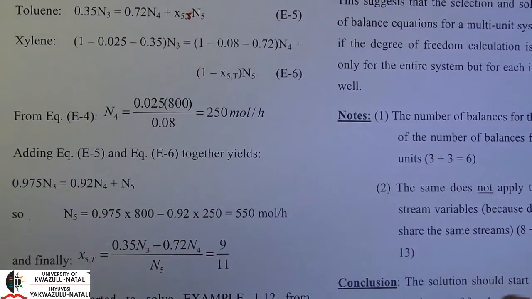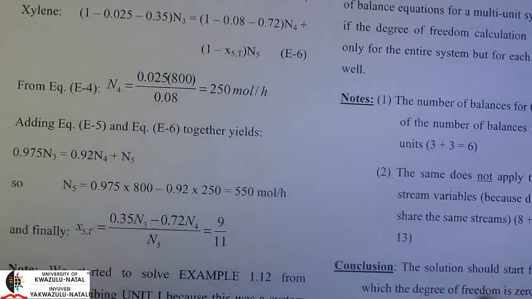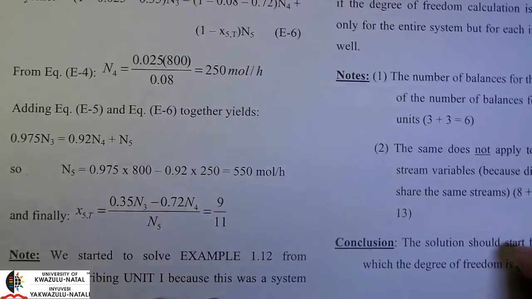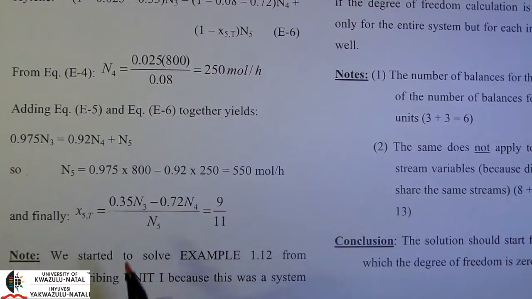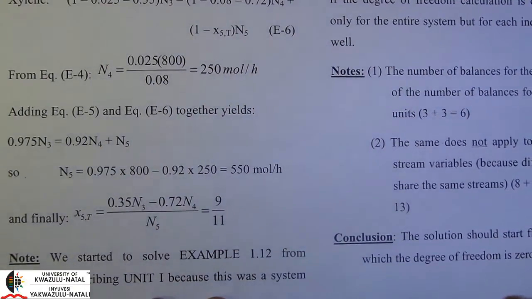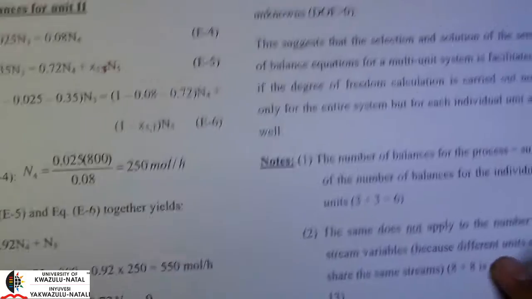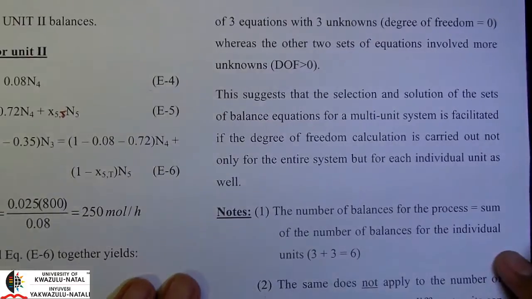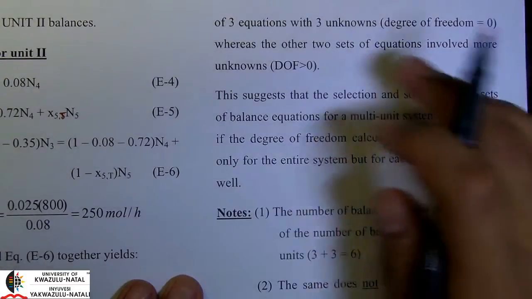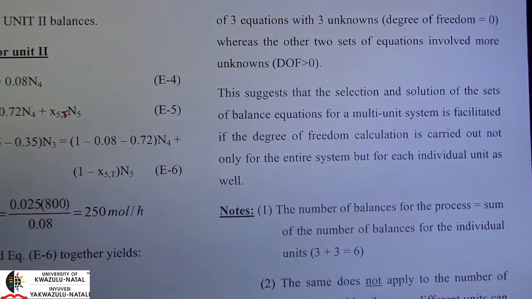Okay, let's go through some notes here. As I've mentioned, we started to solve the example from equations describing unit 1 because this was the unit that had a degree of freedom of 0 and everything else had a degree of freedom that was greater than 0.